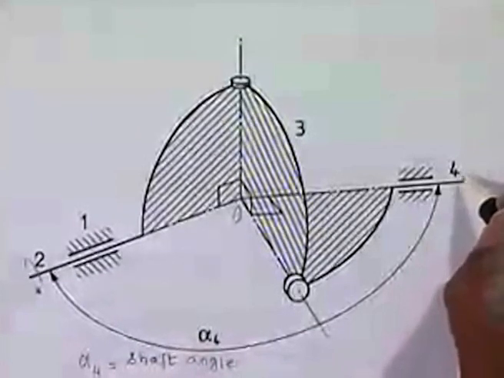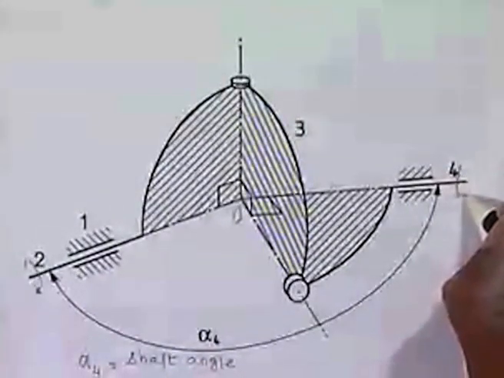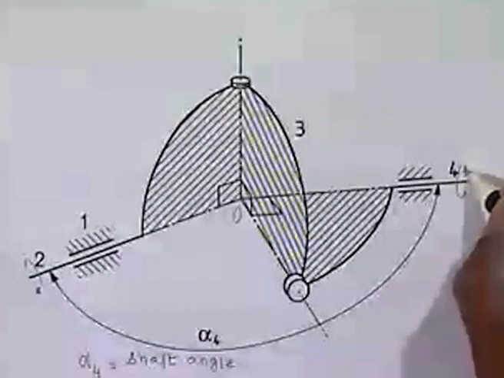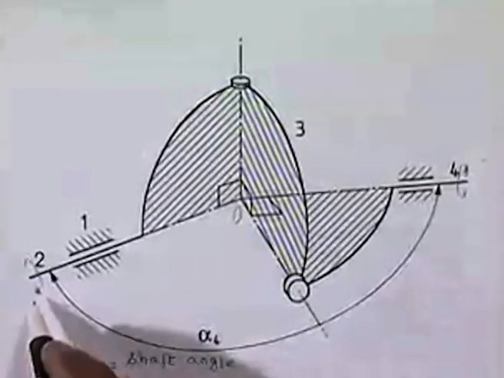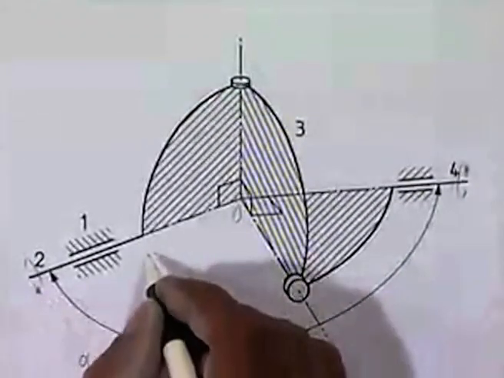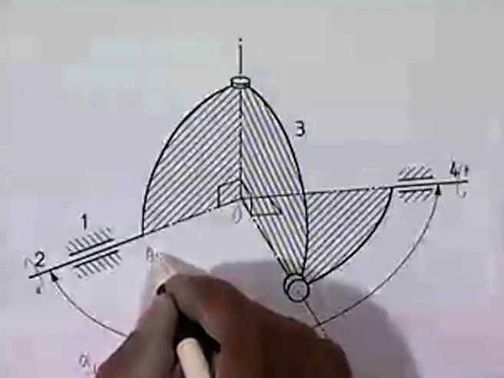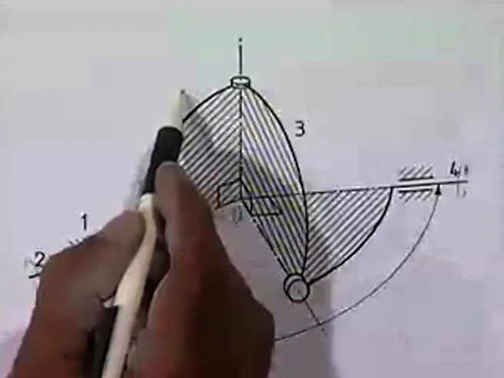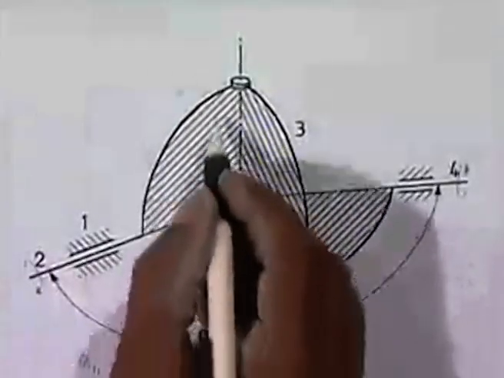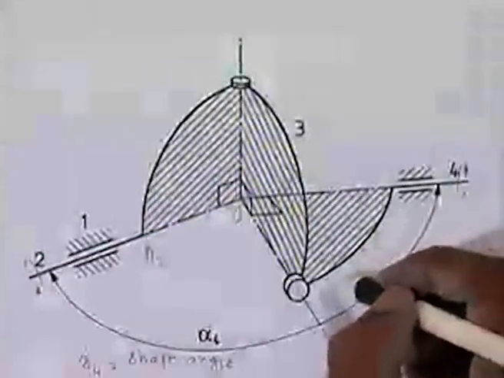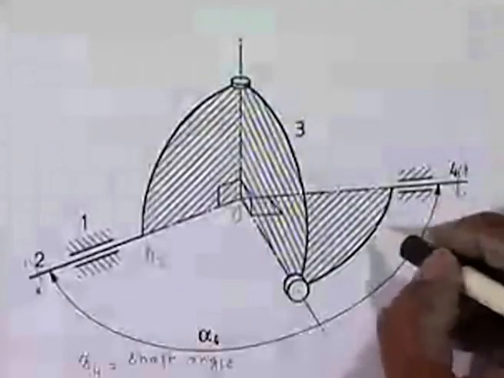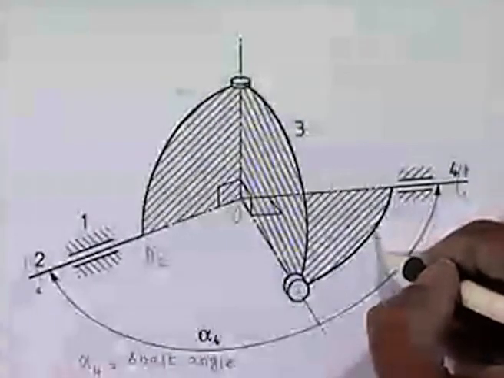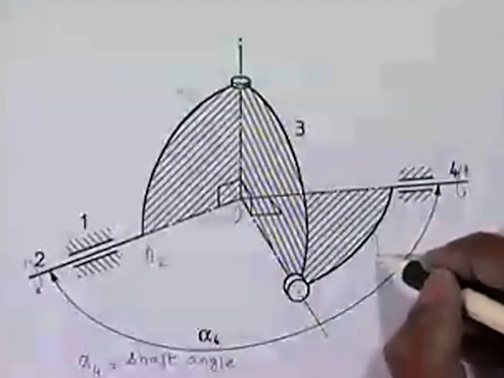Let me say I represent the rotation by this. The rotation of shaft 2 I represent by an angle theta 2. This plane goes down in this direction by theta 2, and this plane goes down in this direction by theta 4.